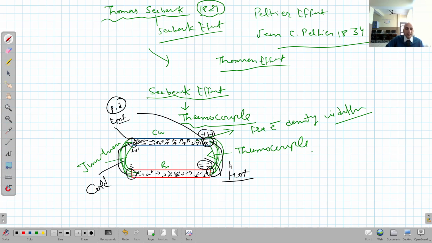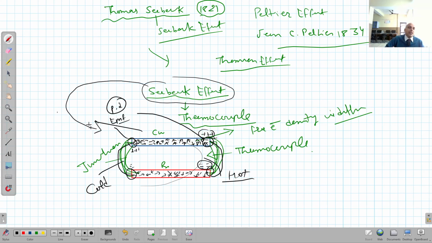The movement of the electron will be very low. It means now the potential difference at these two junctions will increase, and we will have a resultant current flowing in this entire thermocouple. So this is the Seebeck effect, right? This effect, Seebeck effect, is nothing but it is this entire result, right?